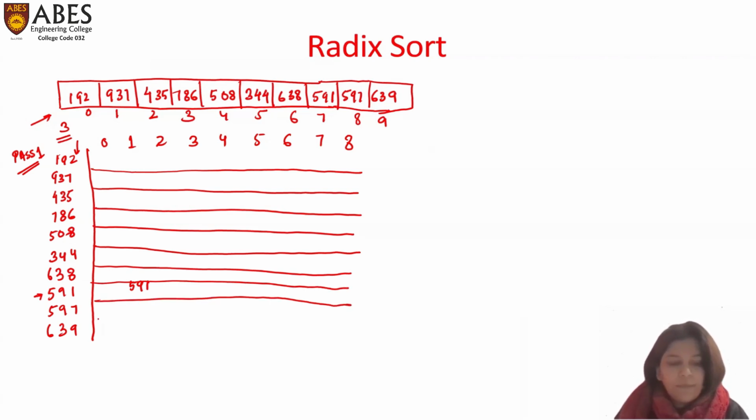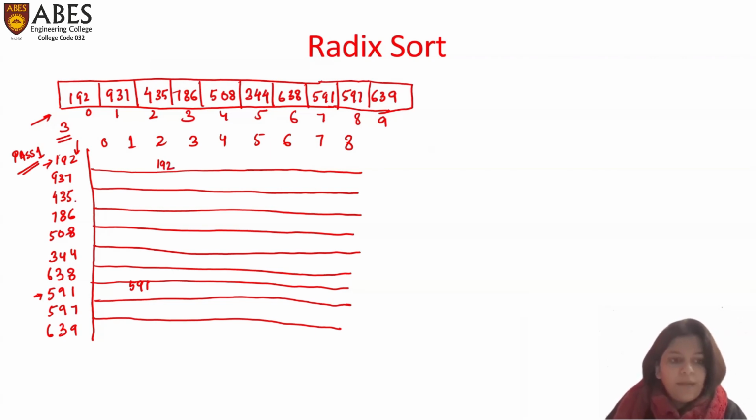Right, so this is 591. Now we will check whether we have any number in which we have 2 at the ones place. Yes, we have 192 here. So in the next column, we will write here 192.